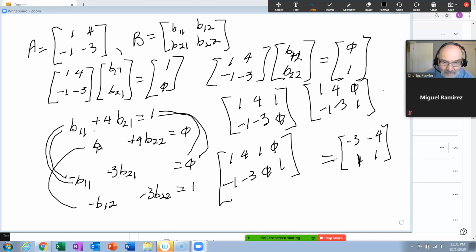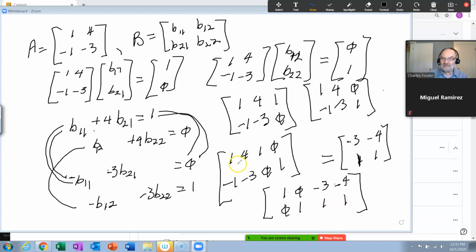Okay, but then when you do the row reduction of this, you wind up with a 1 here, a 0 there, and then a 1 here and a 0 there. And guess what? When you do the row reduction of this, what it produces is this: 1, 0, -3, -4, 0, 1, 1, 1. Okay?